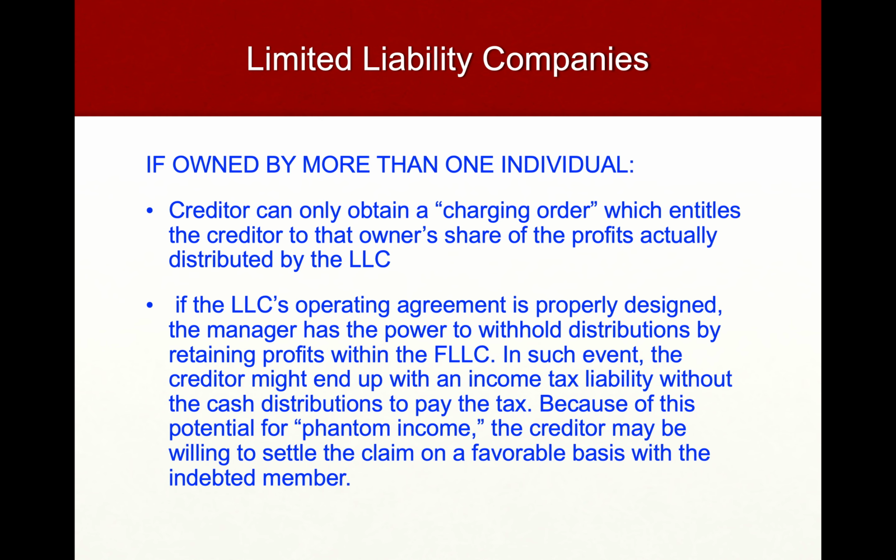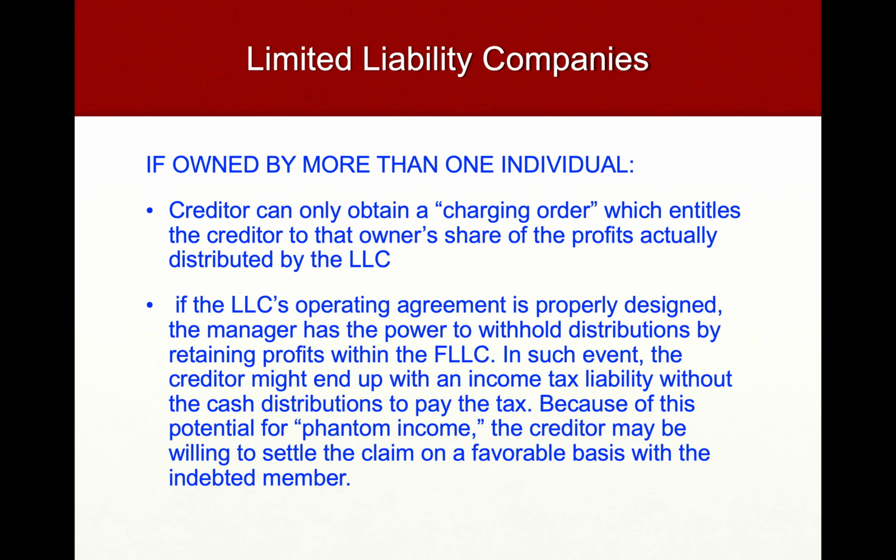Now, most of the time, LLCs are taxed either as S corporations, which is a pass-through type of entity, or as a partnership. And so, if a creditor has a charging order against it, a lot of times what will happen is they don't actually get any money out of the limited liability company because basically the managers at that point would likely not distribute anything.